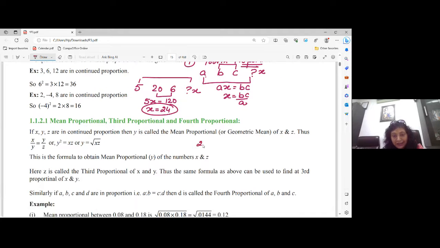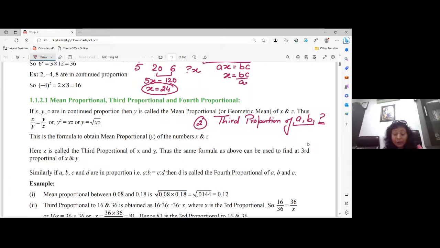Now next thing is sometimes they'll ask you to find out the third proportion of A and B. Whenever they ask you to find the third proportion, there will be two items given and you have to find out the third item. Now you know that in case of proportion we need four items, two extreme items and two mean items.